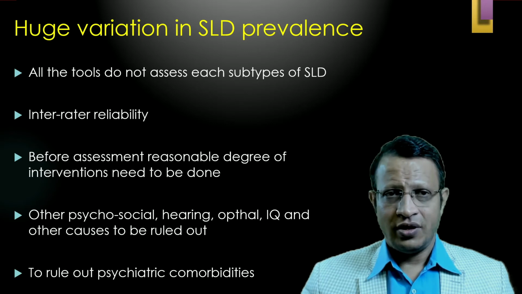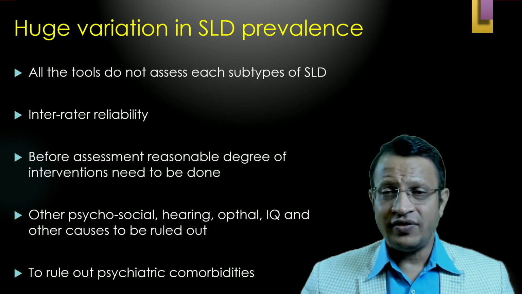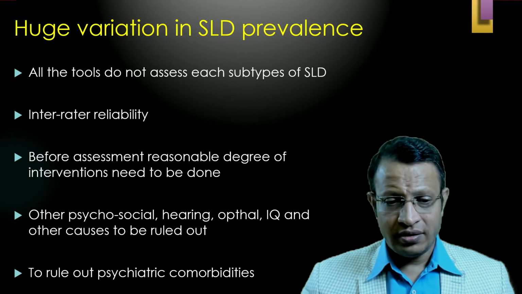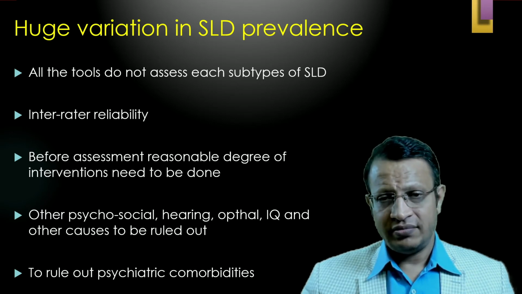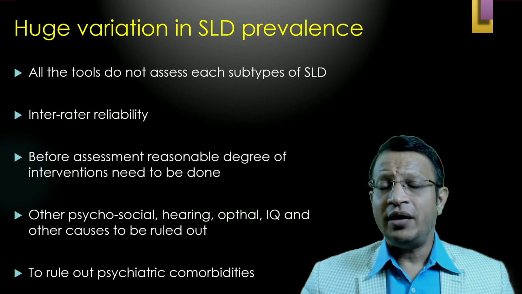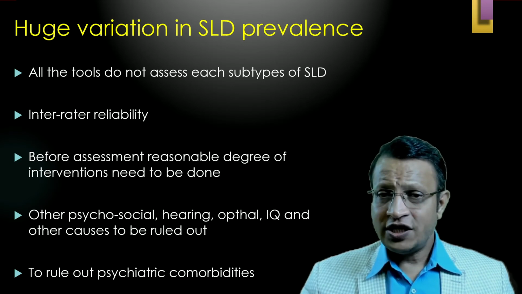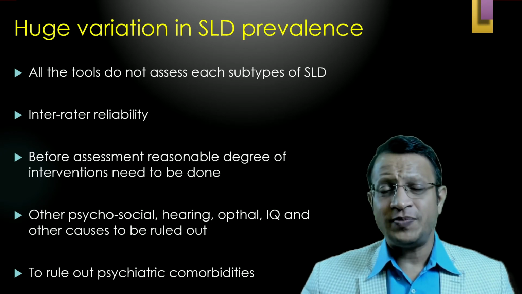Further, not all tools assess each subtype of SLD. Inter-rater reliability should be established, and many of the studies have not done it. Before assessment, a reasonable degree of intervention needs to be done. That means a remedial measure has to be done so that when you are capturing specific learning disorder, you are not capturing specific learning difficulties.